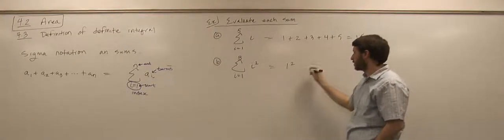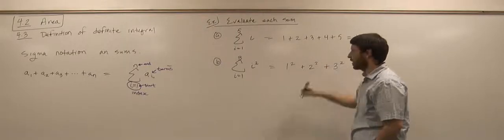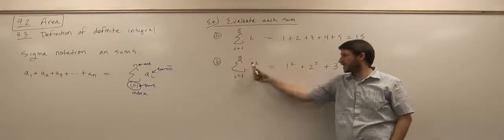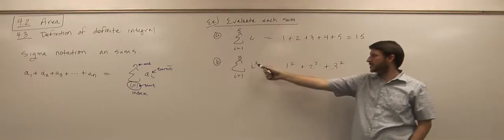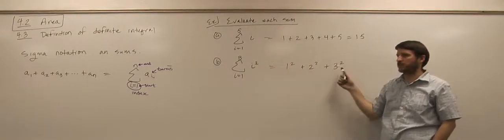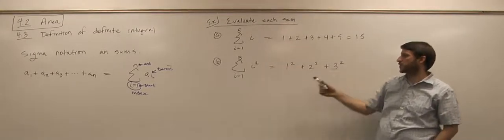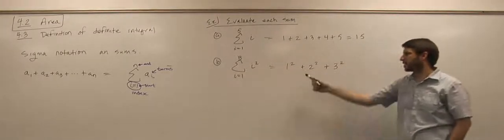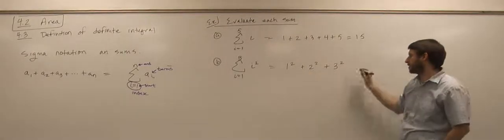Move to 2, square it. Move to 3, square it. The big sigma tells you it's a sum, which means everything is being added. And then this formula tells you how to get each term. This i squared means you're going to square 1, square 2, square 3. The sigma tells you to add them all up. So then you actually do it: 1 plus 4 plus 9.